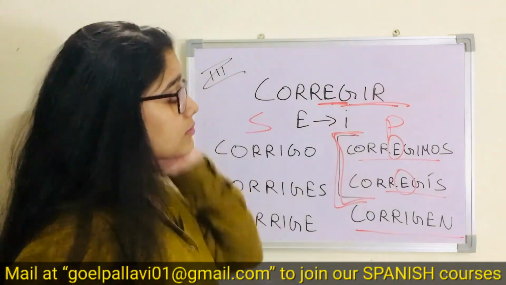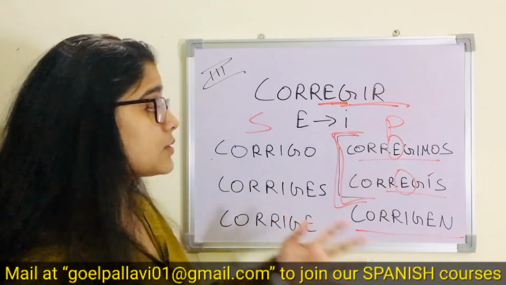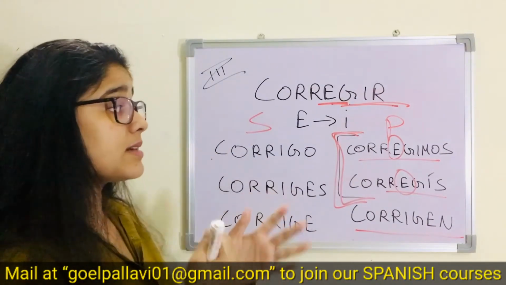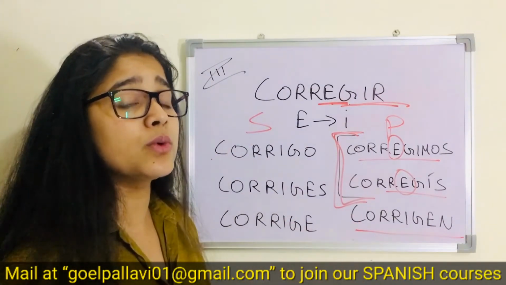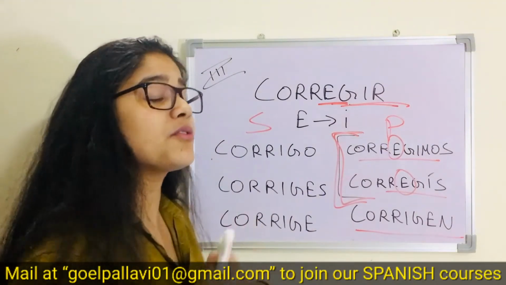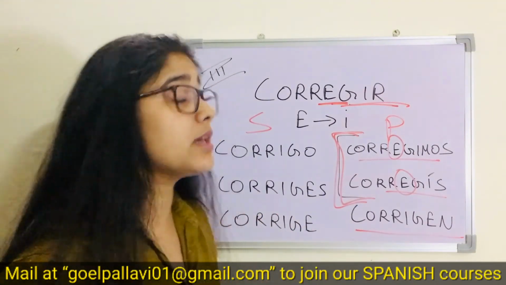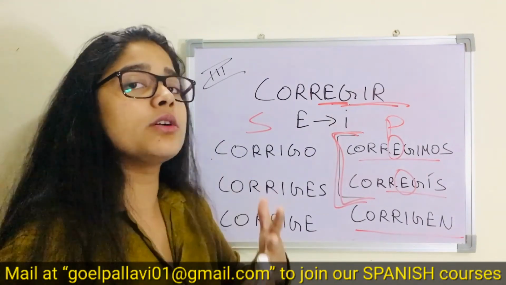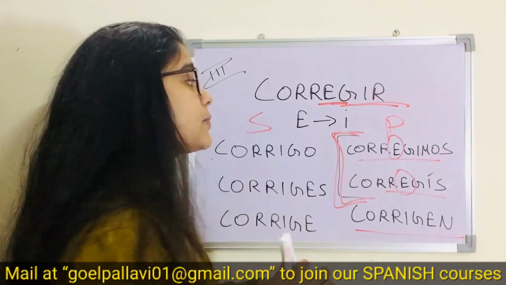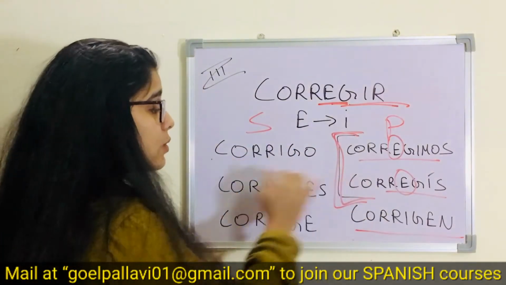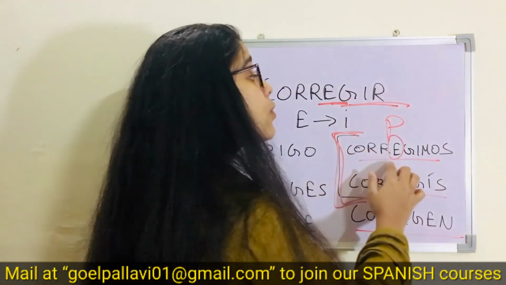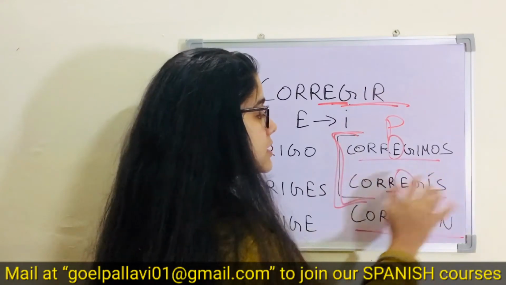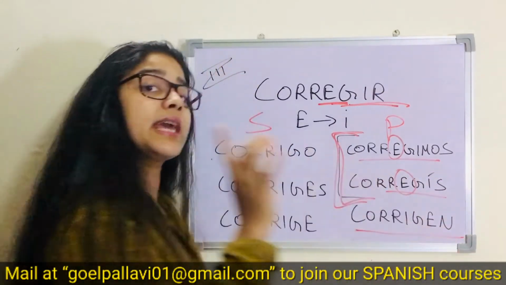Pronunciations of these verbs are tough, so practice them and conjugate them and try to repeat the verb and the word again and again. All the conjugations that you are doing, practice them. You will learn eventually how to pronounce them. That will be tough at first. Corrijo, corriges, corrige, corregimos. That will be wrong. Corregimos, corregís, corrigen.